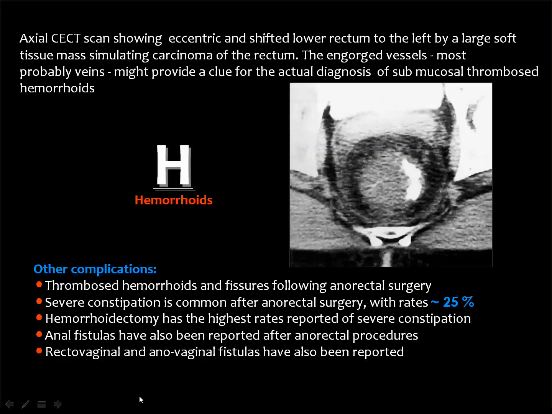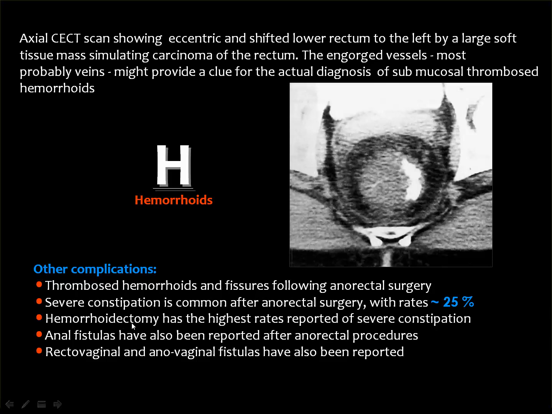And there are some other complications, like thrombosed hemorrhoids, which will result in significant pain, like this appearance. Severe constipation is common after anorectal surgery, mainly because the patient is afraid of pain.